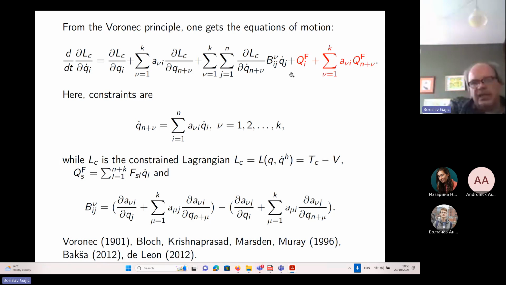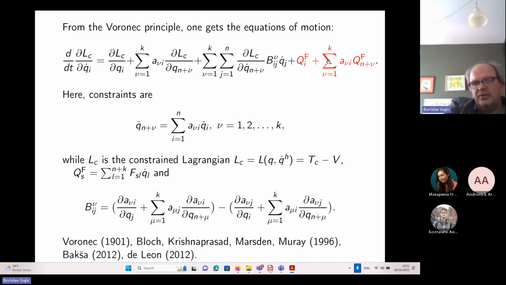Here L_C is the constraint Lagrangian. This is the classical Lagrangian where we change the velocities q dot n plus nu using these constraints and substitute them into the classical Lagrangian, and then one gets the constraint Lagrangian.